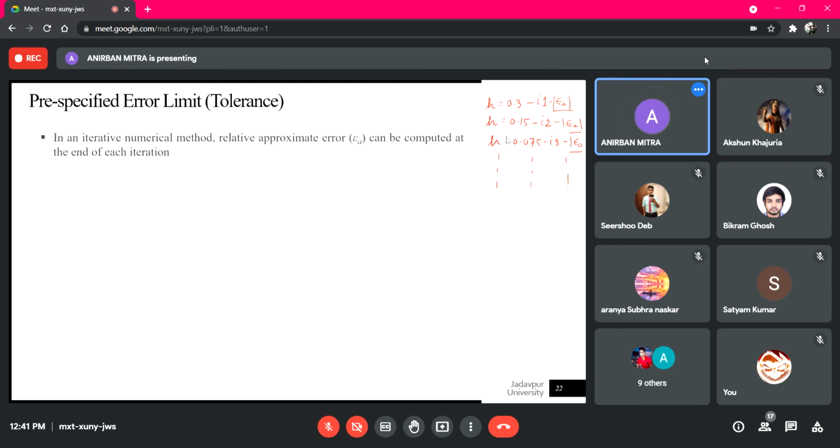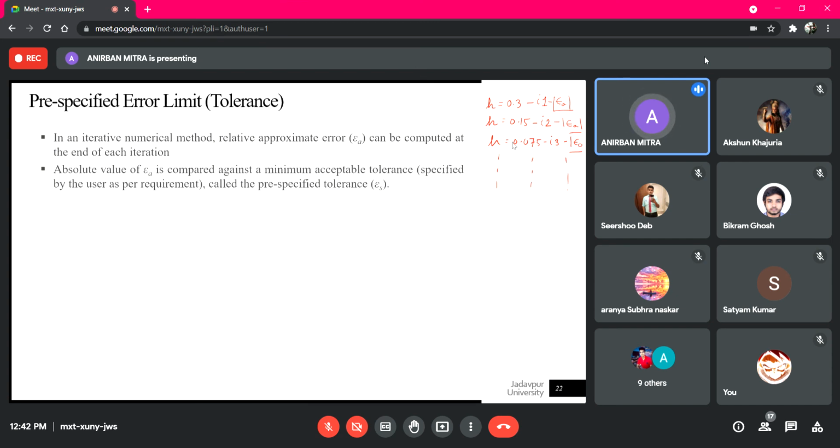In the best case scenario, as you decrease the value of the interval h, the error will keep decreasing as well. That is what we want, a decrease in error. The absolute value of epsilon A needs to be compared against a minimum acceptable tolerance which was previously specified by the user, dependent on the requirement.